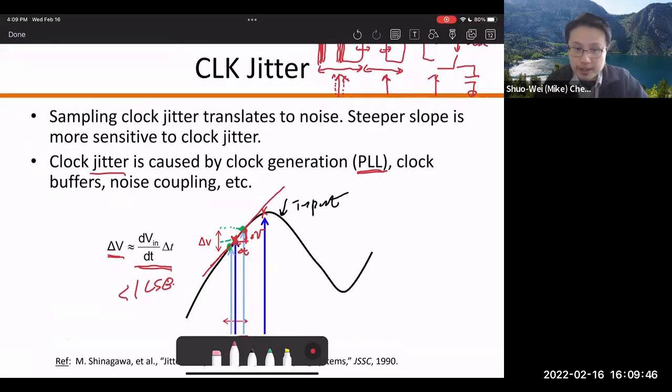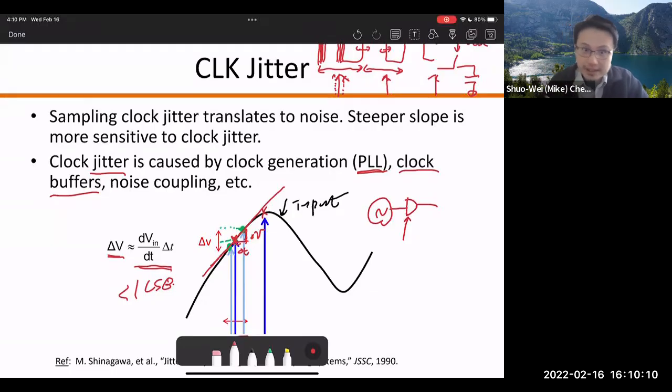It also comes from clock buffering. When you have the source, you generate the clock, and afterwards you do the buffering. All those circuit blocks will introduce additional noise, just like what we analyzed in 536A. So you're always adding on top.